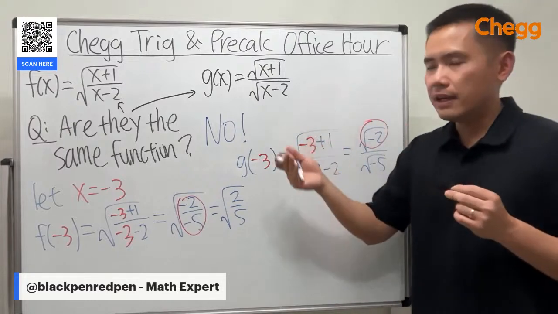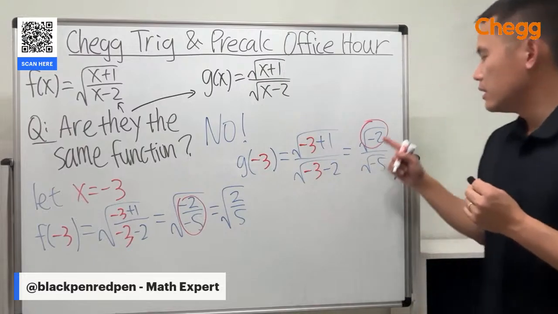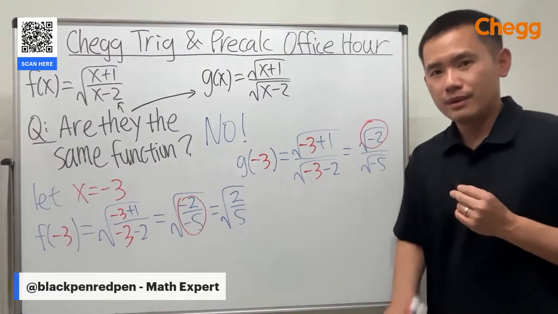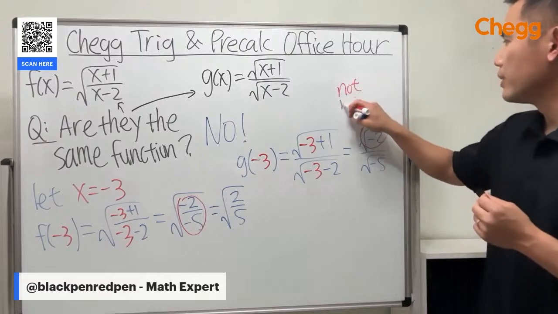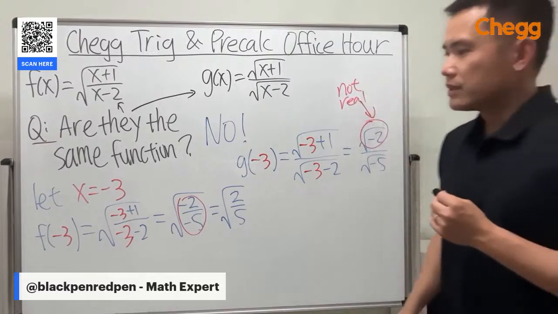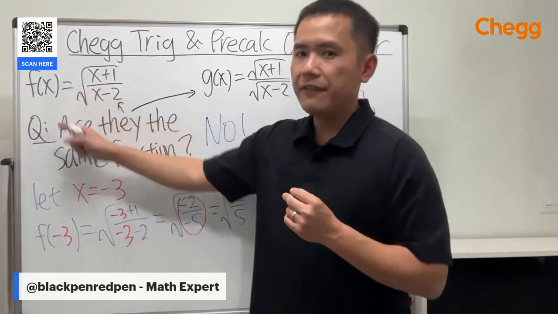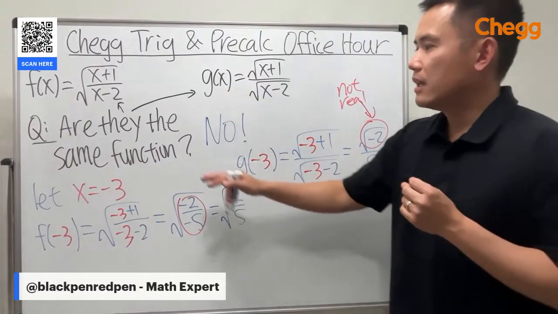The moment that you see this, if you're talking about f of x or g of x, if you want to talk about their graphs and all that stuff, square root of a negative number, it's not real. So the idea is that you can plug in -3 into f, but you cannot do it for g.